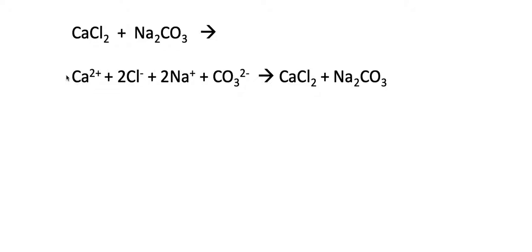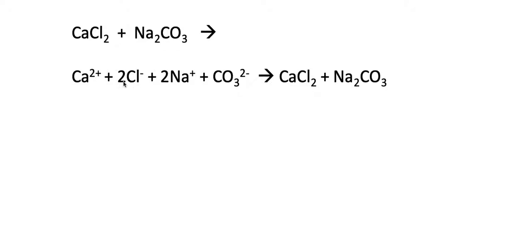We don't write it because it's one and it's implied. But this 2 down here as a subscript tells me that there are 2 chloride ions. And so when this molecule splits apart, that 2 that is written as a subscript for the chlorine in the molecule comes in front of the ion, like so.